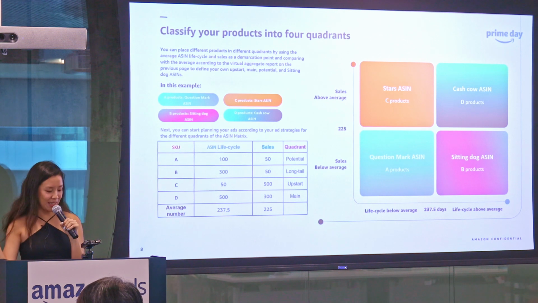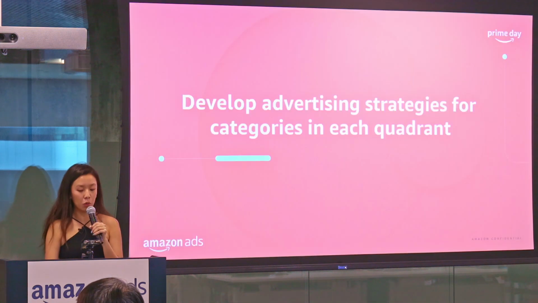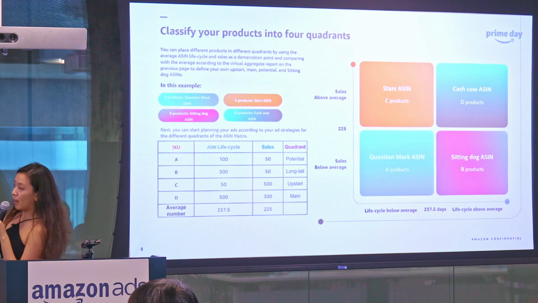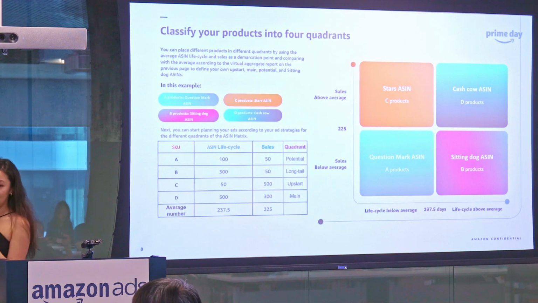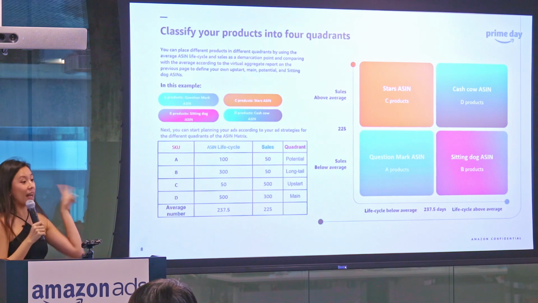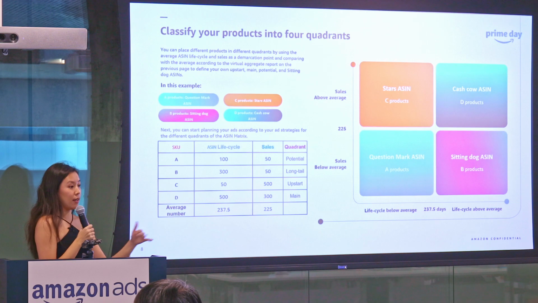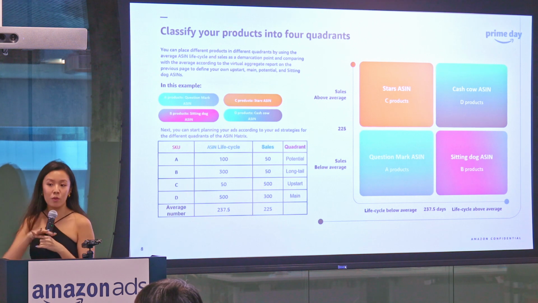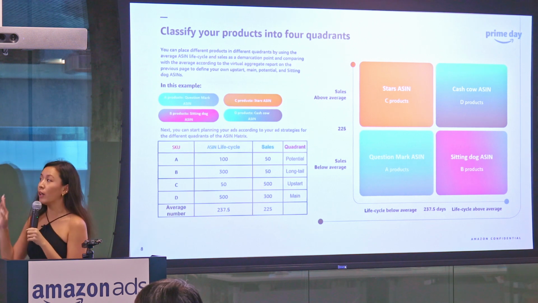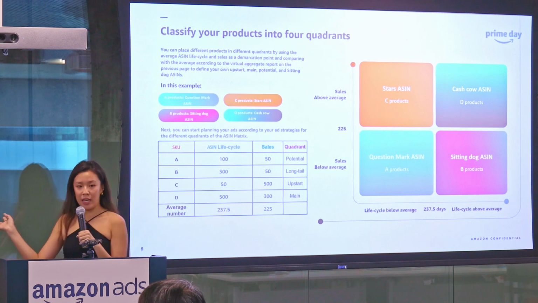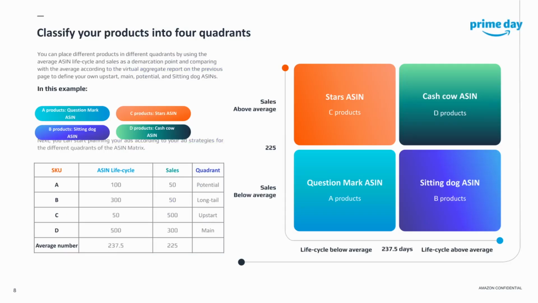So what are these 4 ASINs? Your star ASINs are your rising star ASINs. You just launched this ASIN, but you're seeing above average growth in sales and orders. That is your new rising star. Your cash cow ASIN has been in your portfolio a long time.